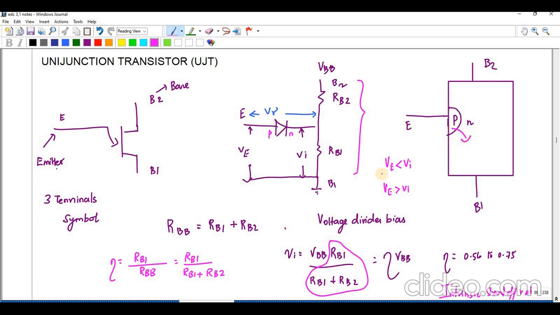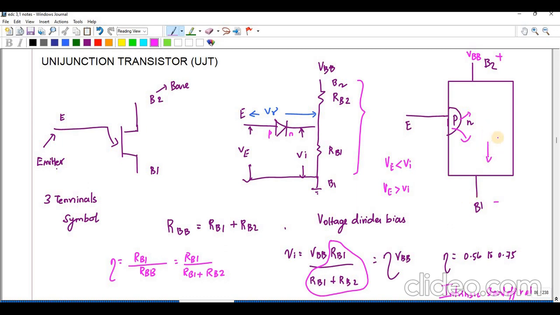But since we are applying the VBB supply, positive to this and negative to this, and the holes are also positive, due to this electric field the holes are attracted towards B1.